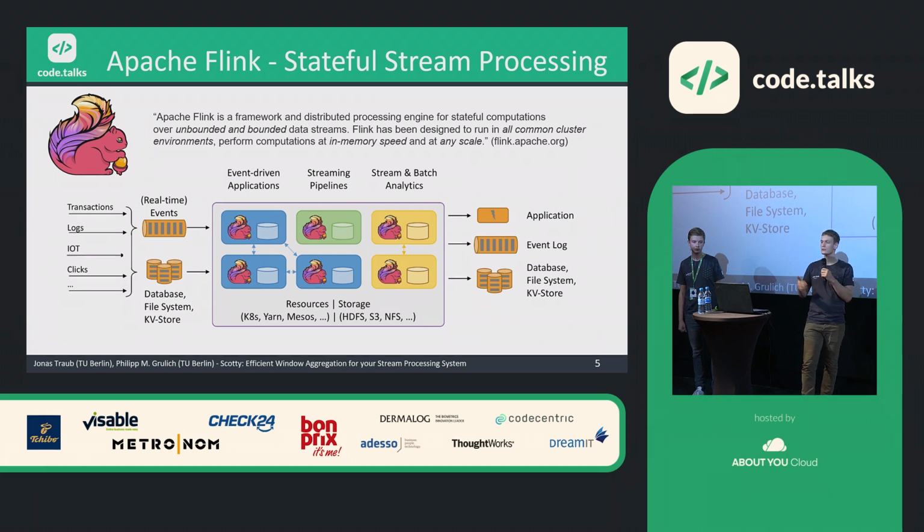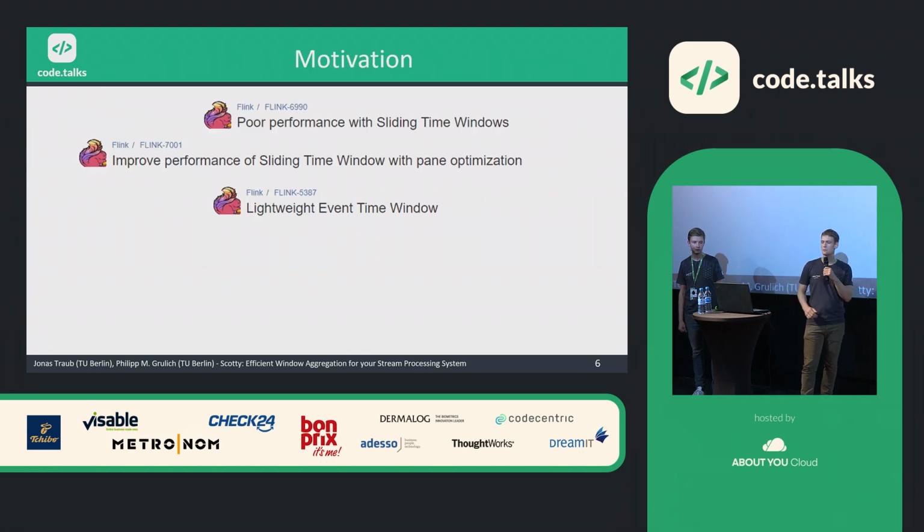So this is the background we have, and from that we came to the motivation for this research project. Our motivation came from looking at the Jira tasks, or user requests, which were opened for the Flink open source project.